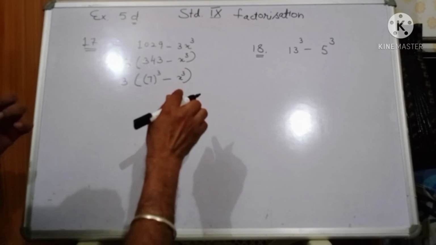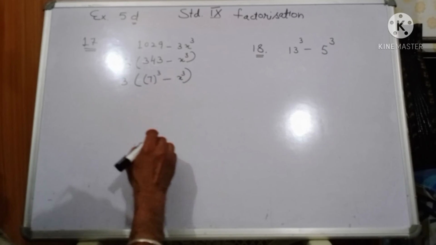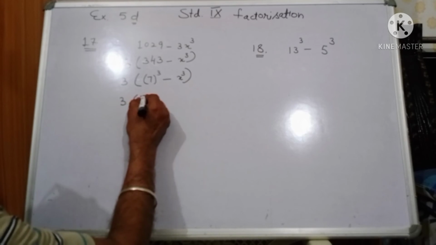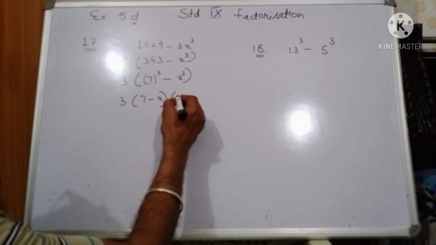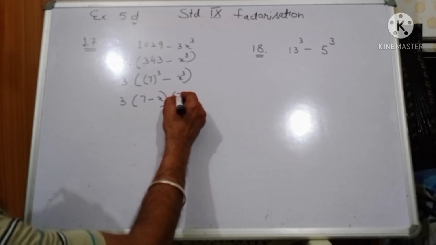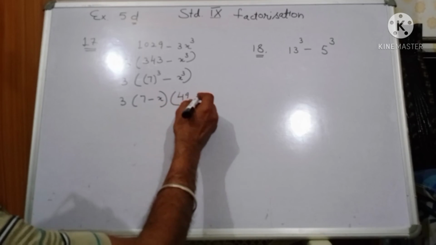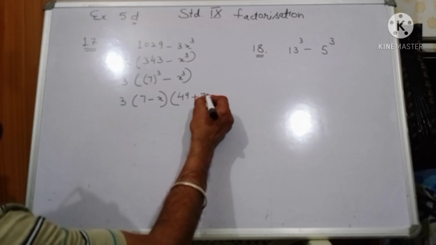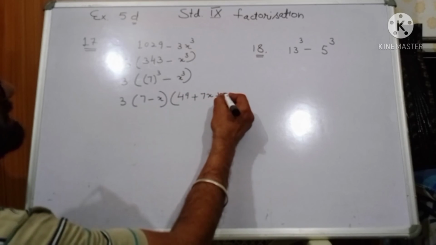Now we will use the formula difference of the cubes. a cube minus b cube is a minus b, 7 minus x, into a square, 7 the square, that is 49, plus ab, 7 into x, plus b square, that is x the square.